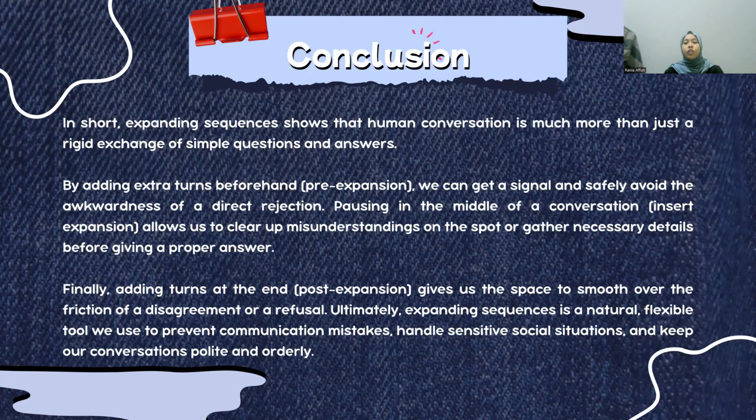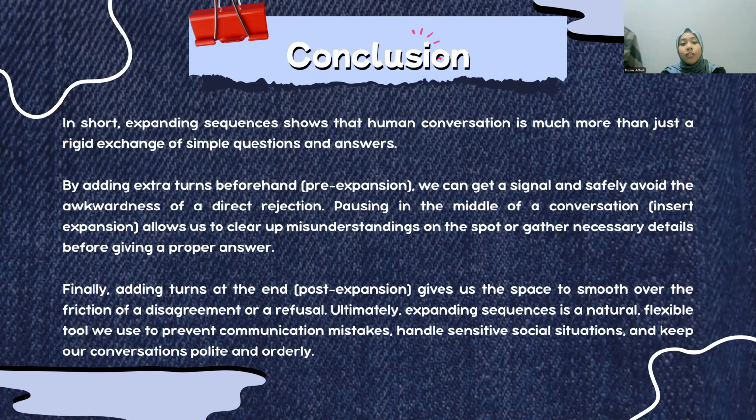Okay, for the conclusion, like I already explained, what expanding sequences are, what the purpose of it is, and what types of expanding sequences there are. In short, expanding sequences show that human conversation is much more than just a rigid exchange of simple questions and answers.